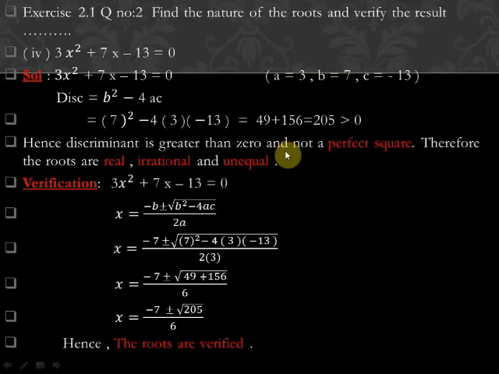Students, now we discuss a question from exercise 2.1. Question number 2, find the nature of the roots and verify the result. Question number 2, part 4, 3x square plus 7x minus 13 is equal to 0 is a standard quadratic equation.